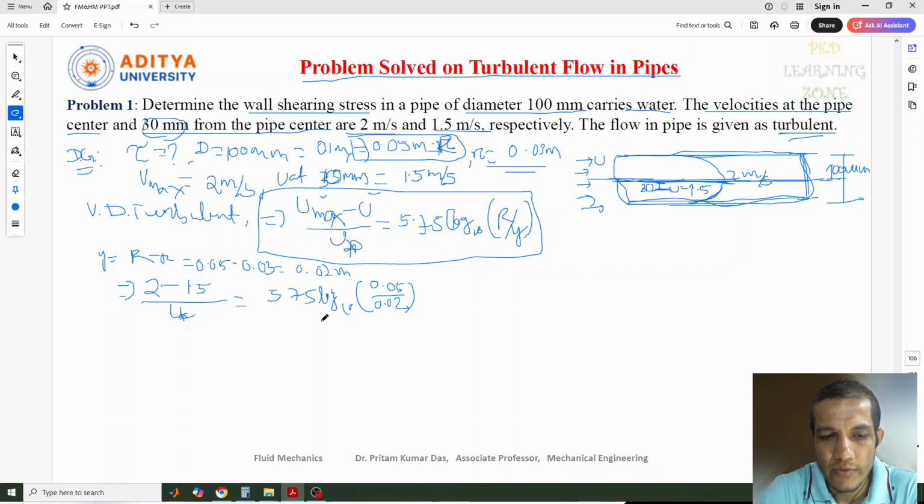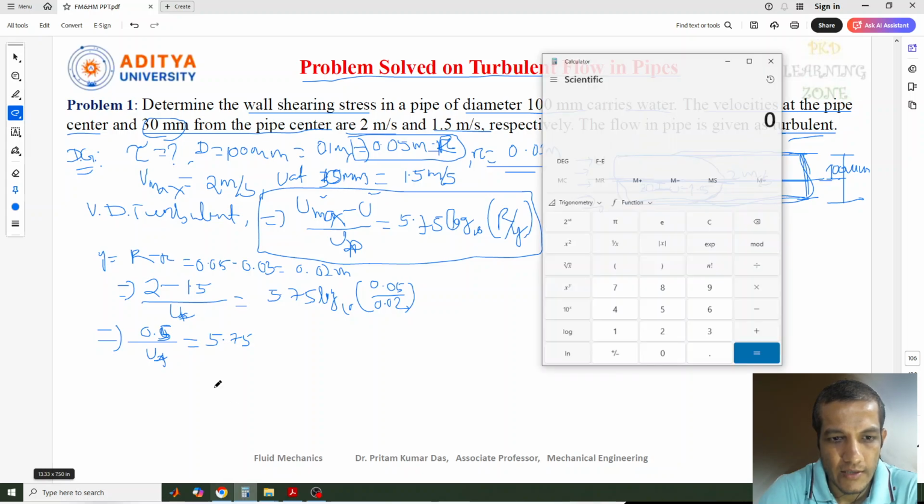Let me take u star to this side and the remaining terms to the denominator side, so it is 0.5 by u star equals 5.75. Let's take the calculator's help.